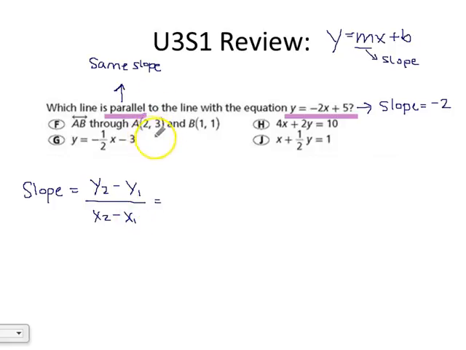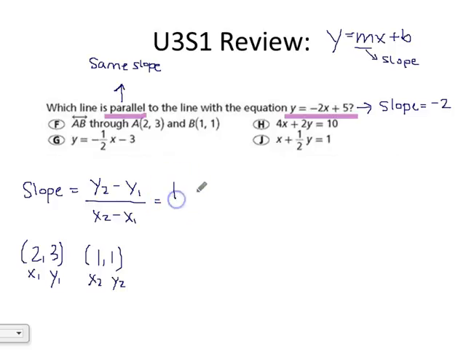So let's go ahead and do that. So this is our first coordinate, the 2, 3. So we're finding the slope between 2, 3 and 2, 1. So this would be our first x and our first y. This would be our second x coordinate and our second y coordinate. So we're going to subtract our y coordinates.